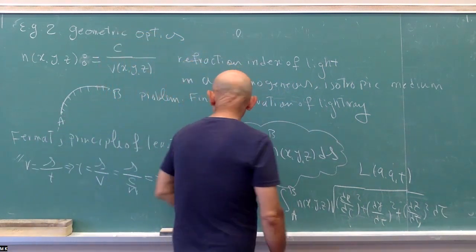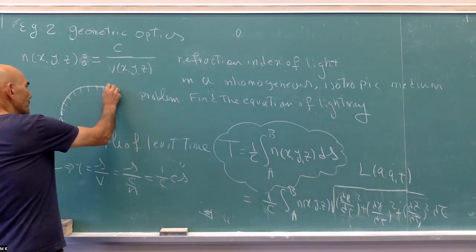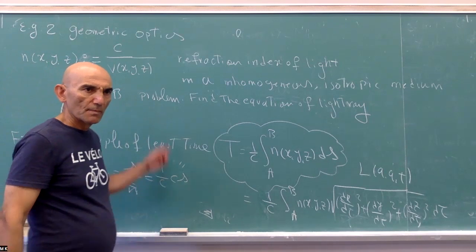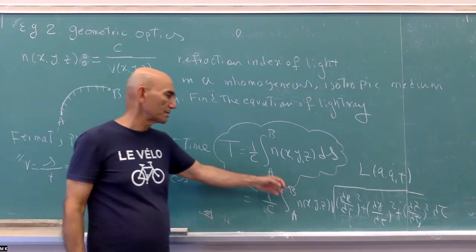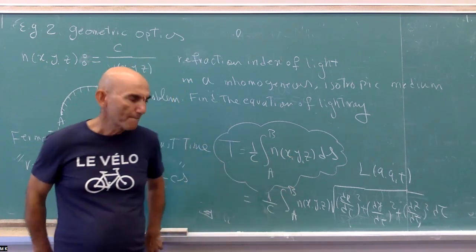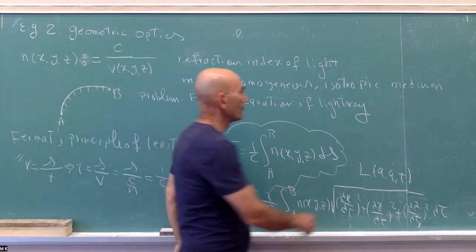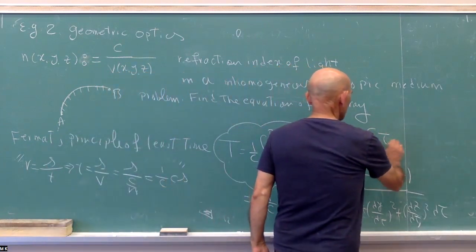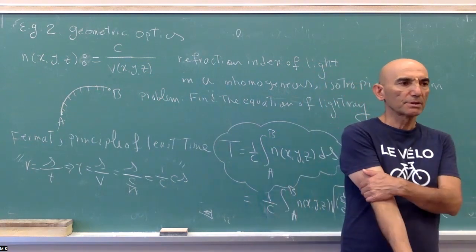And we know that light actually really passes through curves that satisfy this, that minimize this. So the equation of light is the Euler-Lagrange equations.